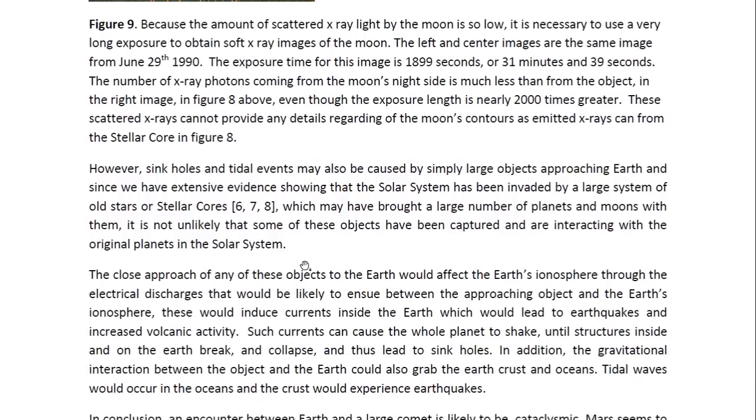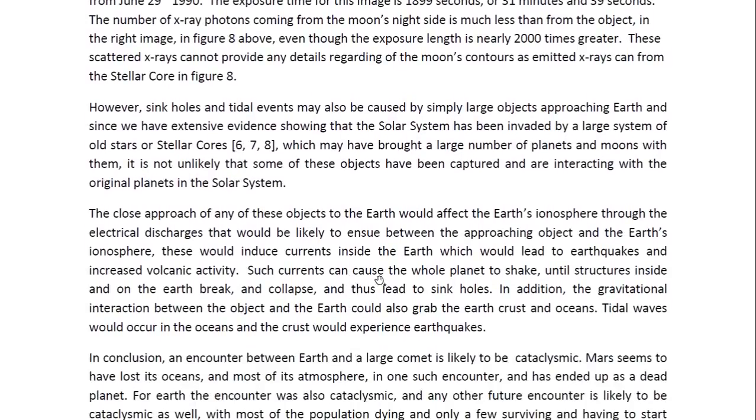Now, the close approach of any of these objects to the Earth would affect the Earth's ionosphere through the electrical discharges that would be likely to ensue between the approaching object and the Earth's ionosphere. These would induce currents inside the Earth, which would lead to earthquakes and increase volcanic activity.